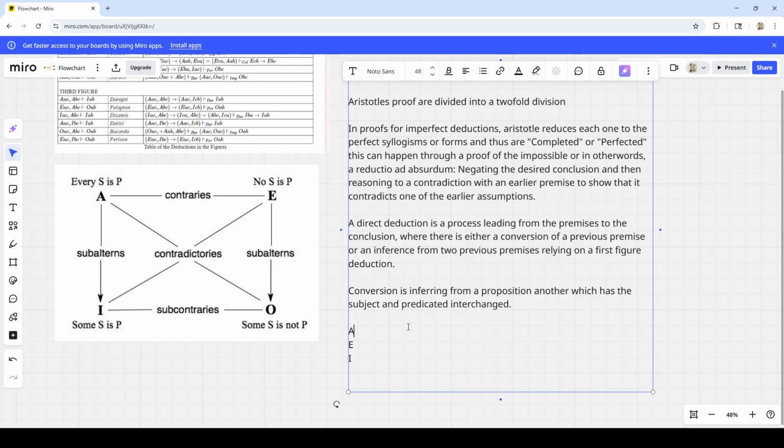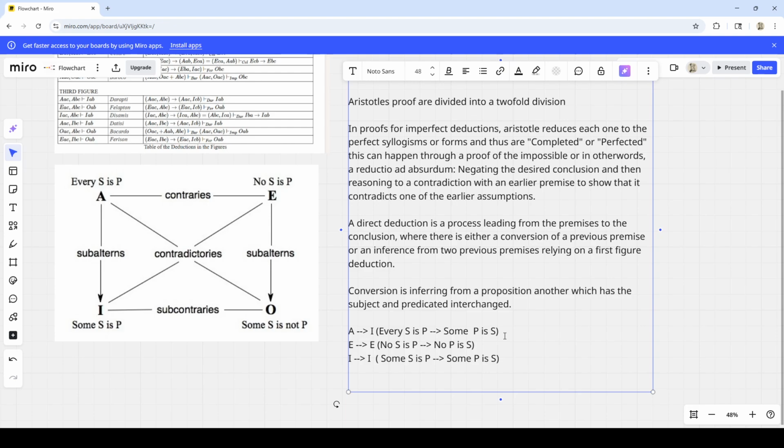So, for example, A, which is the universal affirmative, can logically convert to the particular affirmative, while E converts to the universal negative, and then I converts to the I again. So every S is P logically converts to some P is S, and no S is P logically converts to no P is S, and then I, if some S is P, then it logically follows that some P is S. And so these are the three sound conversions.